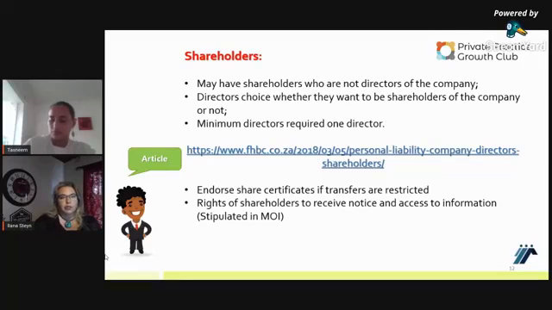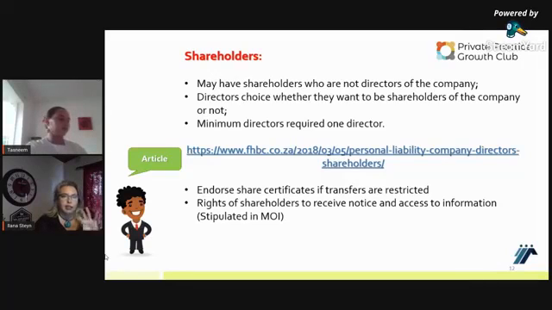So then also ensure that you endorse your share certificates if the transfers are restricted. This is a very interesting concept, restriction of shares. That would mean that if there's some reason why the shares cannot be transferred, or maybe a requirement that needs to be met before the shares are transferred, you need to ensure that it is stipulated on your share certificate itself.